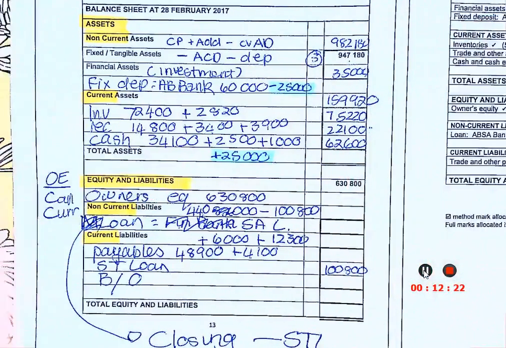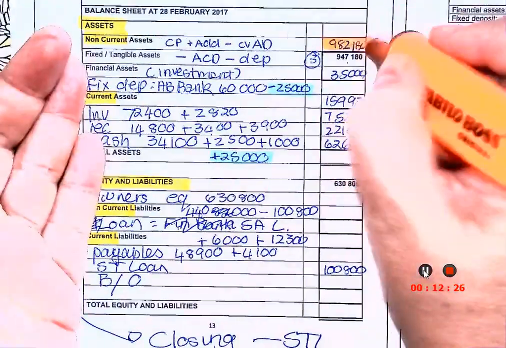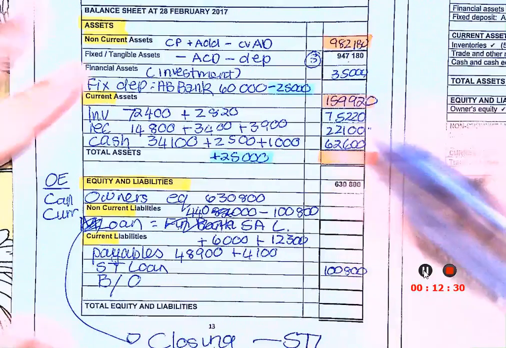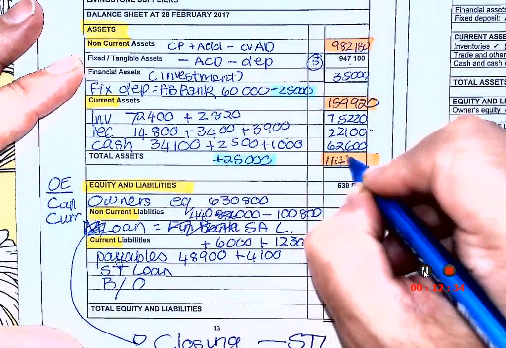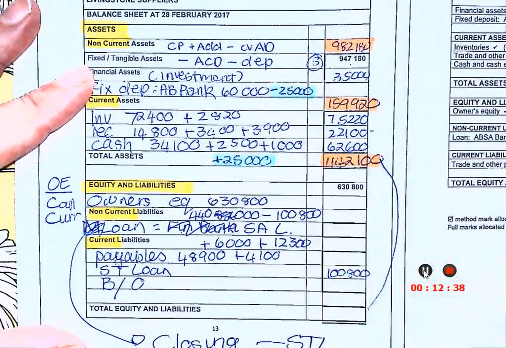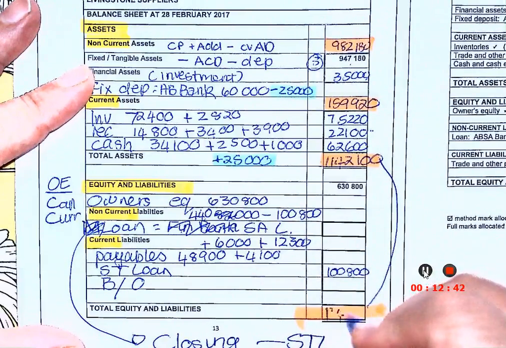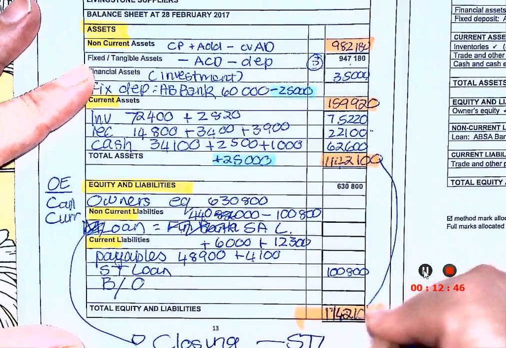And now I take this 2 and it gives me this total here, which is 1,142,100. And now I know that goes here, 1,142,100. Oh, and this pen doesn't want to write.